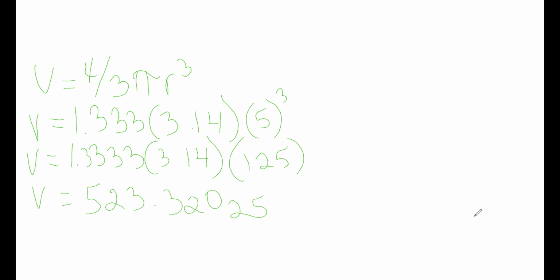But I'm just gonna round anyway. So you could have 523.32 or 523.33. We're just rounding to the nearest hundredth, depending on what you used for the 4/3. Okay. But the other thing that you have to think about is, so this was step 1. Step 2 was our conversion of the ounces to pounds.